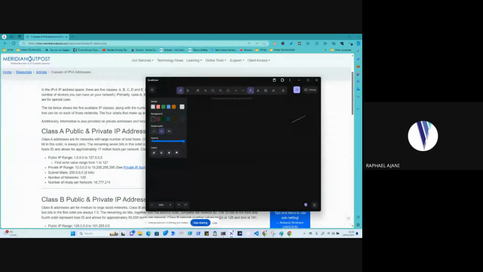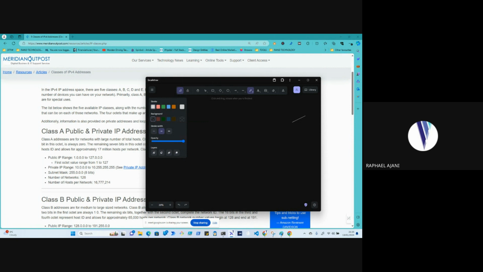It is designed or assigned to the public, which means it is what everybody on the internet is using. But for the private, you can use it in your internal network. And your internal network is not the external network. What I mean by external network is the public network, that is the internet, right?